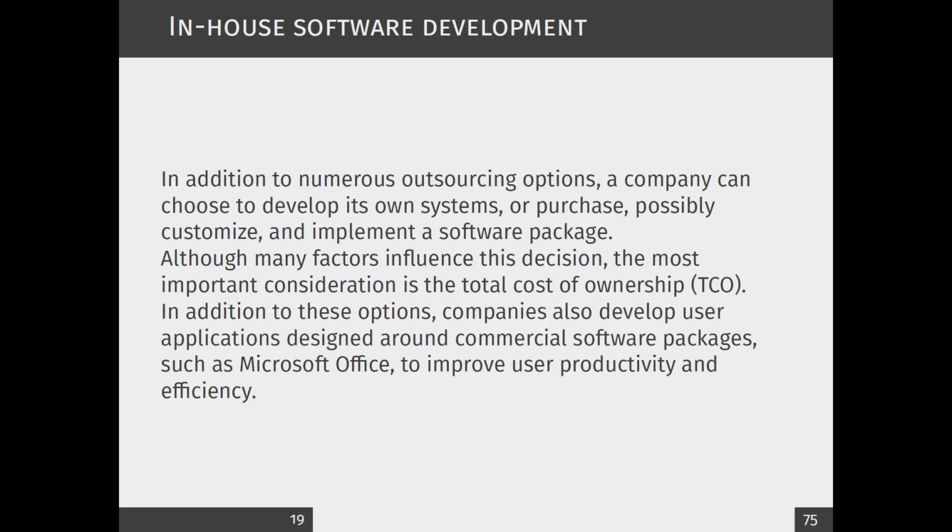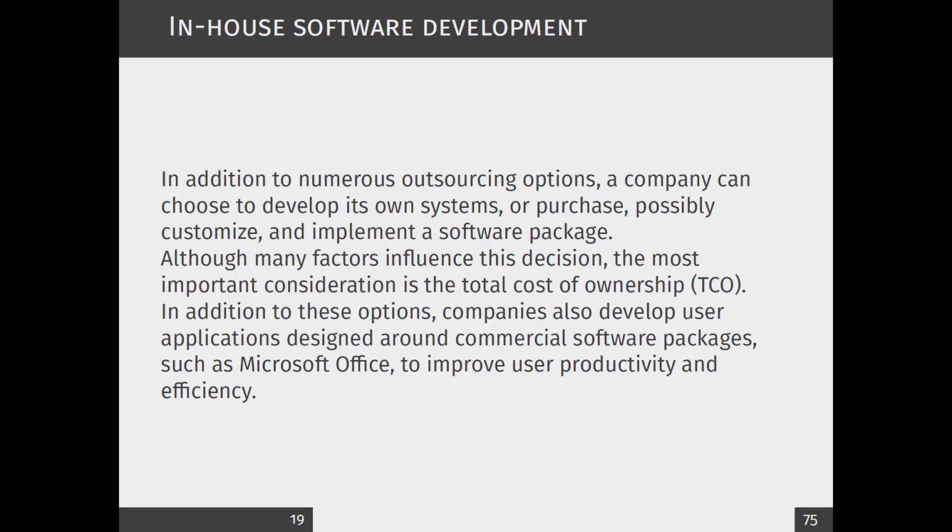The other option, which we have already discussed in detail, is in-house software development. So we can see a company can develop its own system, or purchase, or customize to implement. There are many factors, but what you need to think about, when you are going to develop or outsource, is the total cost of ownership.